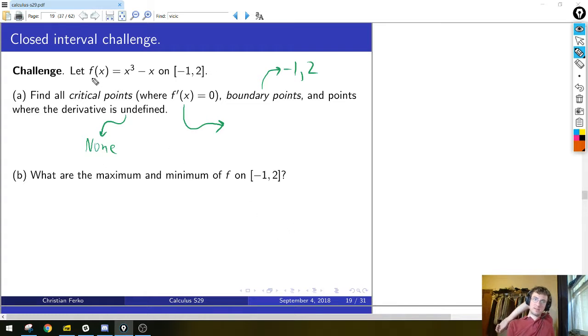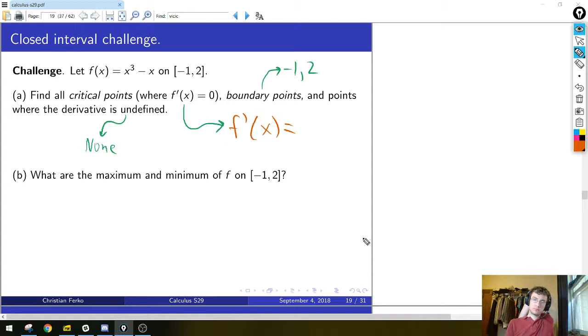You could factor out an x and write this as x times x squared minus 1 and use the product rule. But why wouldn't you just use the power rule directly on these guys? I mean, we're trying to write down the derivative, right? We're trying to find f prime of x and set it equal to 0. So what's the derivative of x cubed minus x?